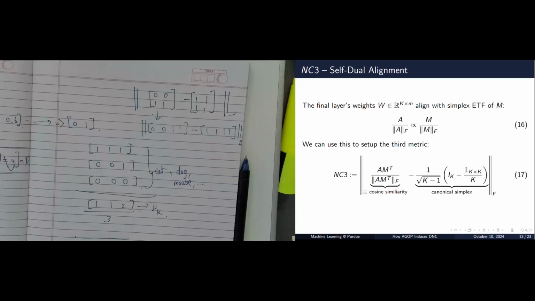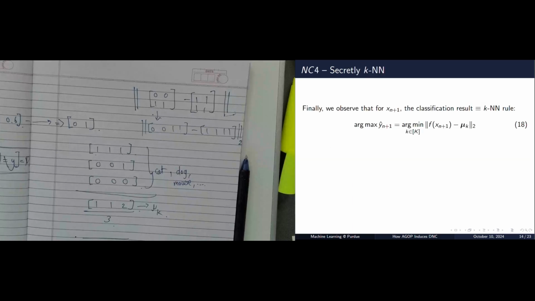So I have the output structure of my penultimate layer, I have the weights of my final layer, and I am calculating the correlation between these two things. If they are highly correlated, you would not expect that to change at all. And since it imbibes the structure of a simplex ETF, this entire value ends up being close to 0.